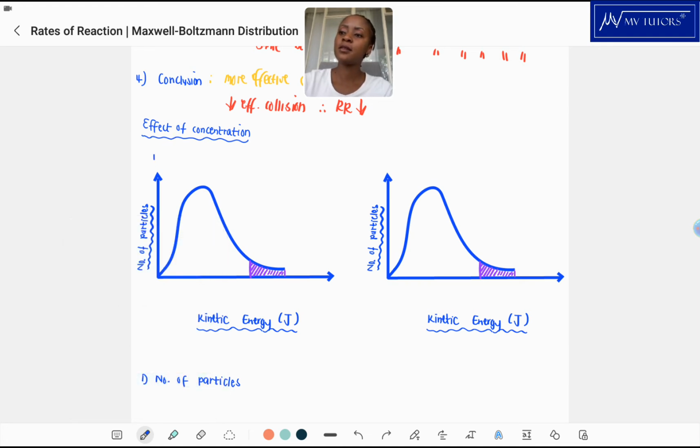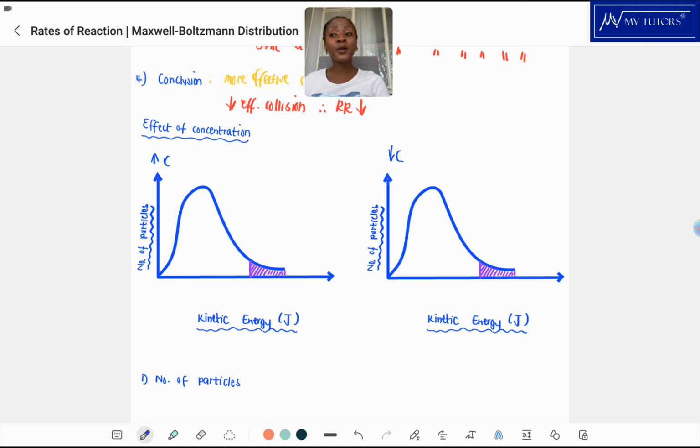Okay, so if you increase concentration versus when you decrease concentration, what will actually happen? When you increase the concentration of particles, you're adding more particles, so the area under the graph will not remain the same as it did with increasing or decreasing temperature.